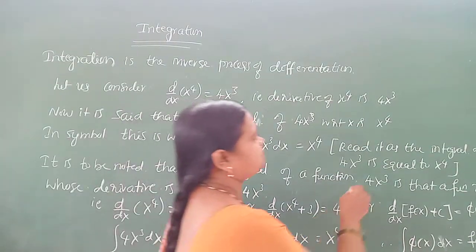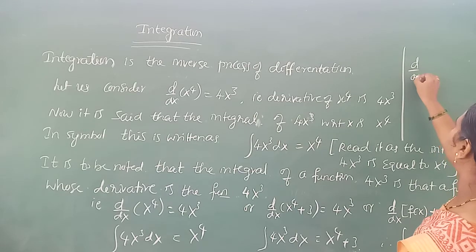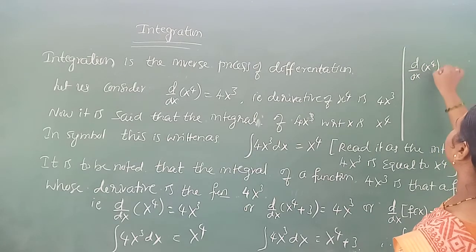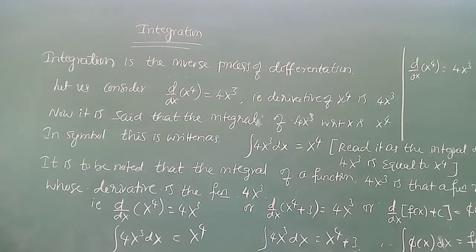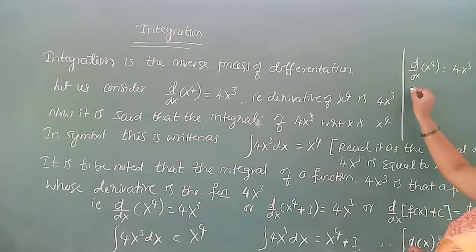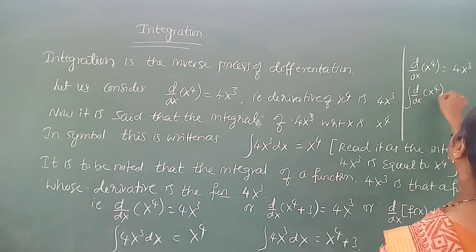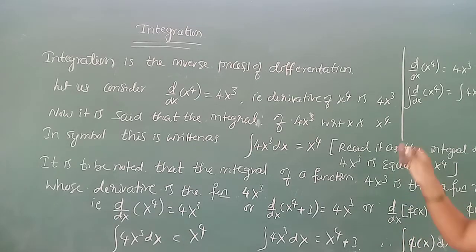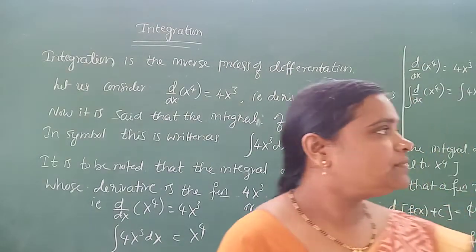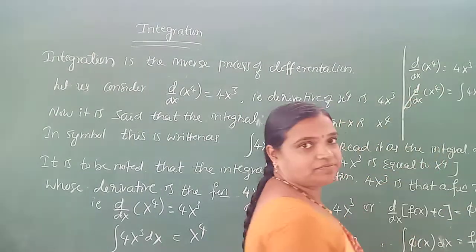Let me give the explanation of how it works. See, d by dx of x to the power 4 is what? 4x cube. You know that differentiation. Now we apply integration on both sides: integration of d by dx of x to the power 4, and integration of 4x cube with respect to x. See, integration is the inverse, so differentiation and integration get cancelled.